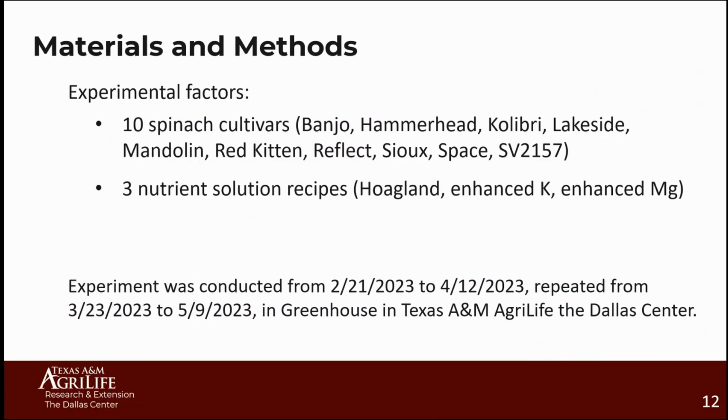So in this study, we included 10 different spinach cultivars, and the cultivar names were listed here. And we have 3 different nutrient solution recipes. We use the original Hoagland. We also enhanced the magnesium and potassium respectively in the Hoagland solution.